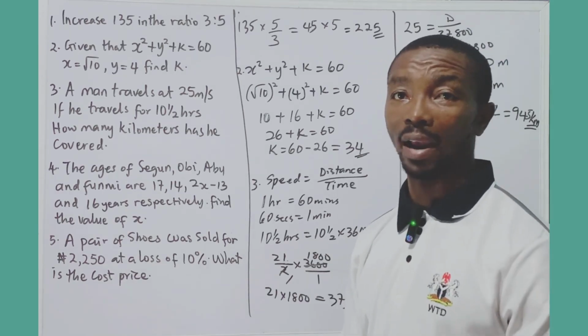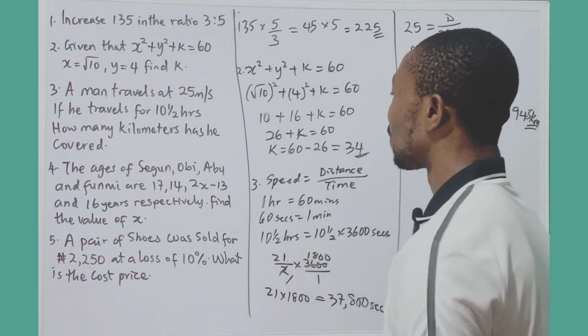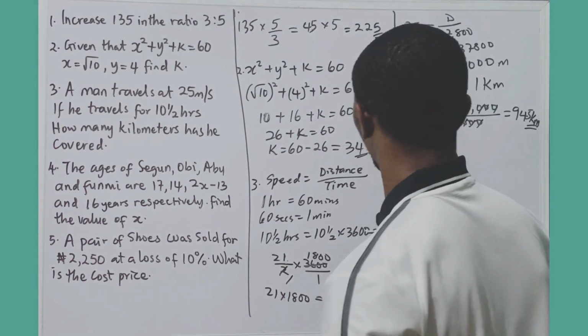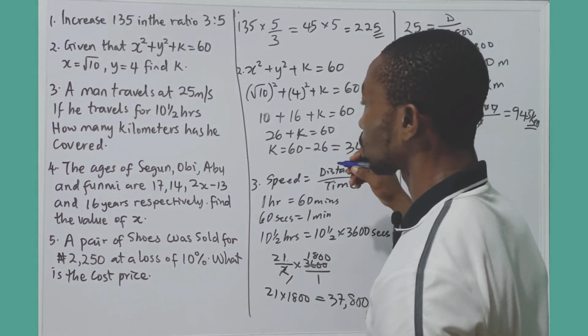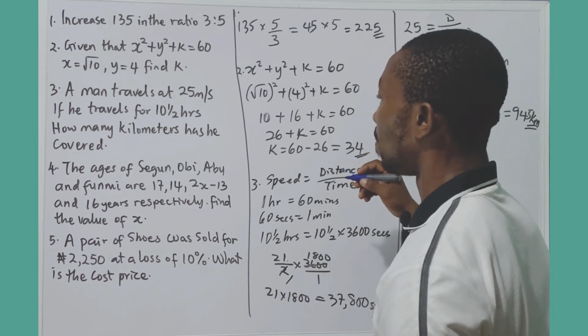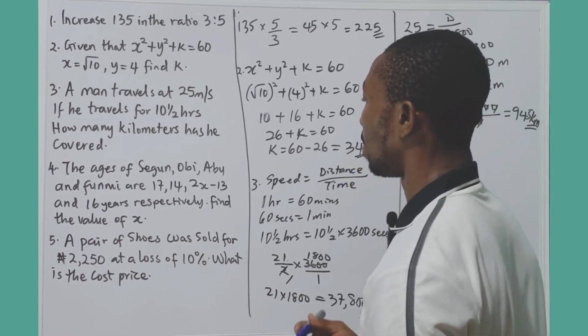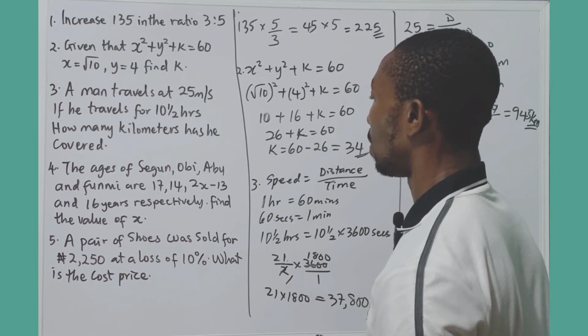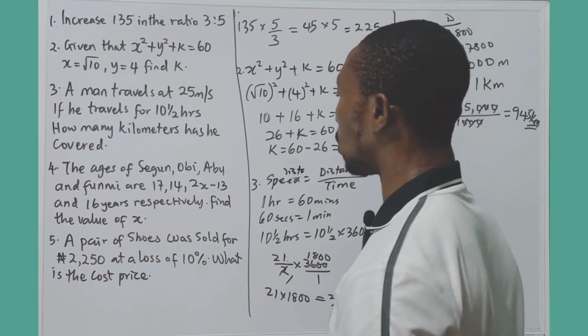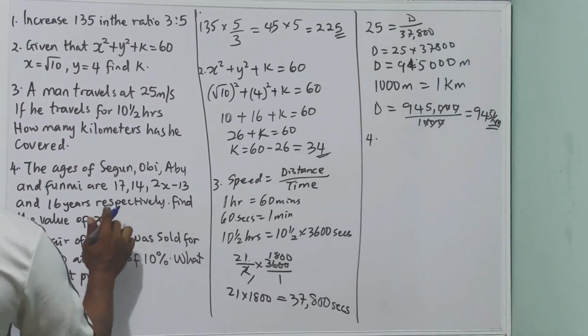That we are to find the value of x. Alright, now finding the value of x, okay, that question seems incomplete. Okay, it says what is the value of x?